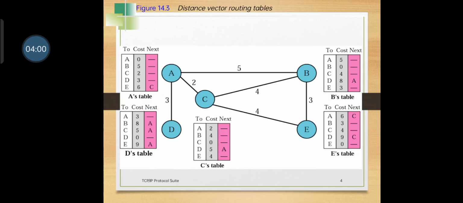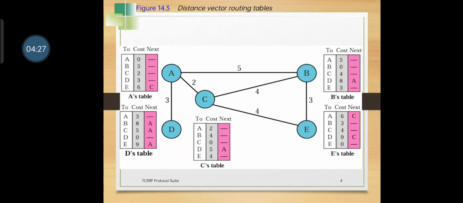From A's perspective, A is maintaining a table where the first column stands for the destination, then the cost to reach the particular node, and next stands for via which node I can go to reach that node.